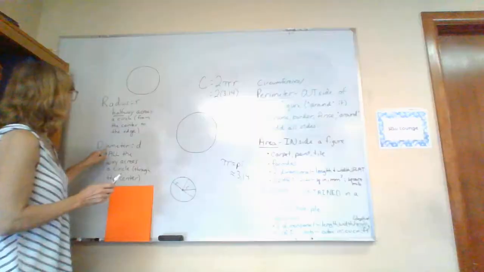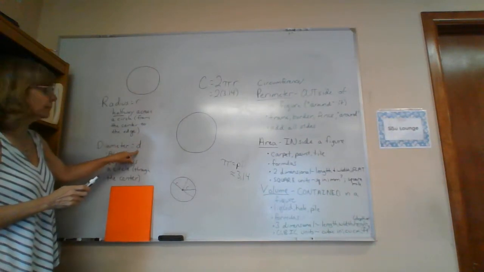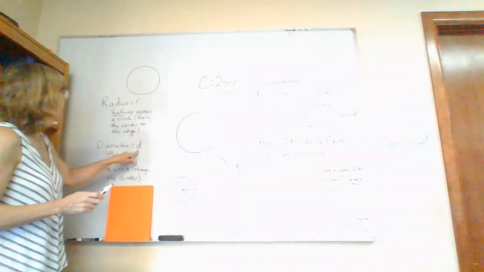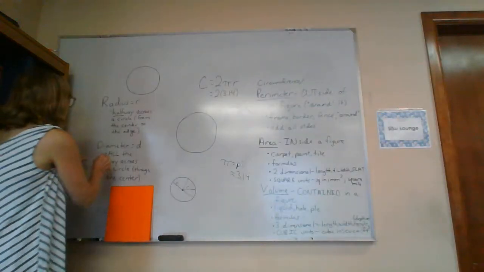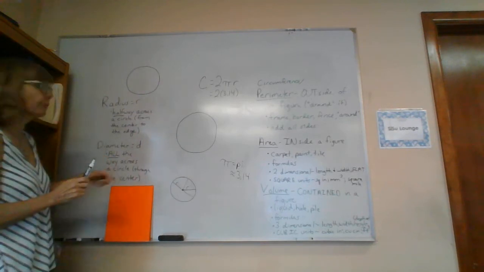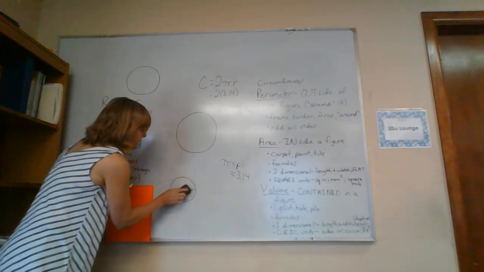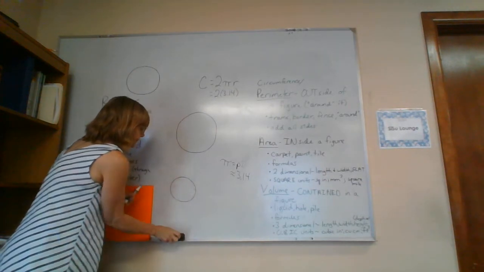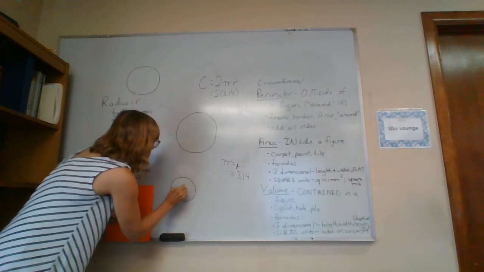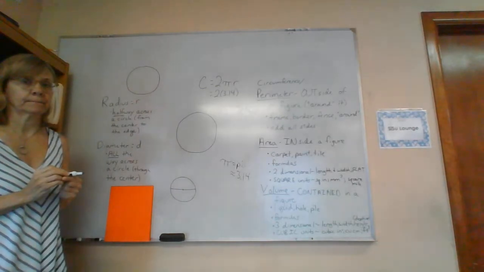The other way to measure a circle is the diameter, which is usually listed with a lowercase d. The diameter is all the way across a circle, through the center. So in other words, this would be the diameter, all the way across.